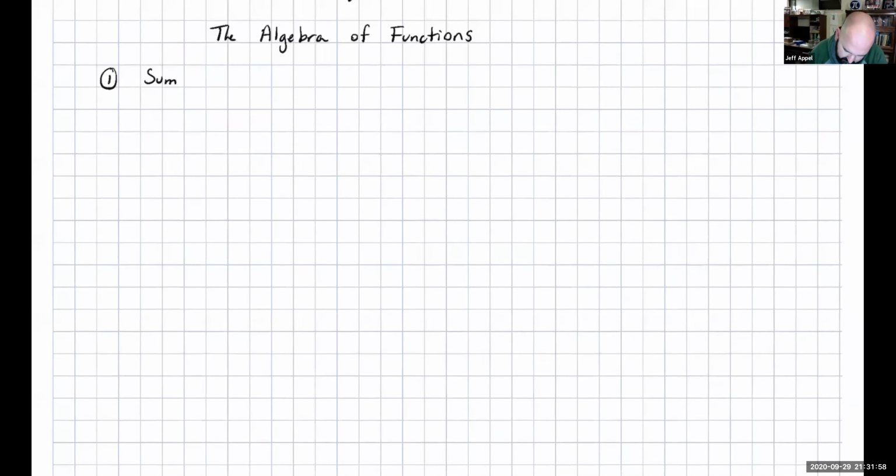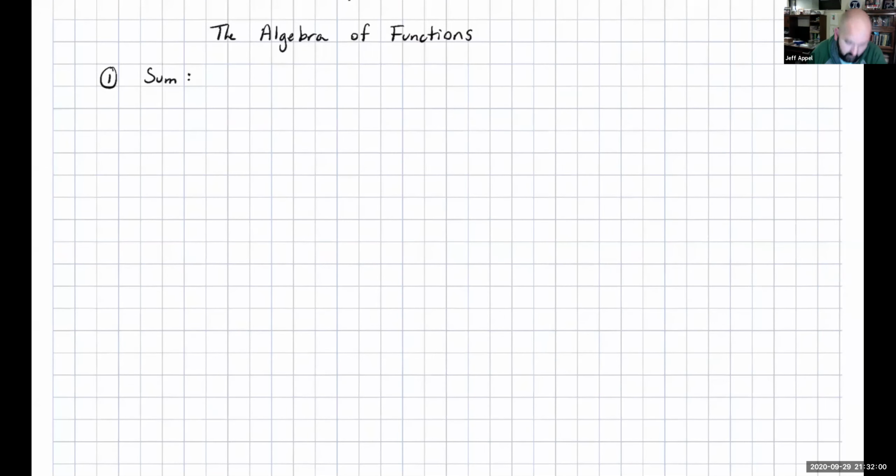So you may see in your work as you're practicing something that looks like this. And the way you would read that is f plus g of x. That's how you read that.